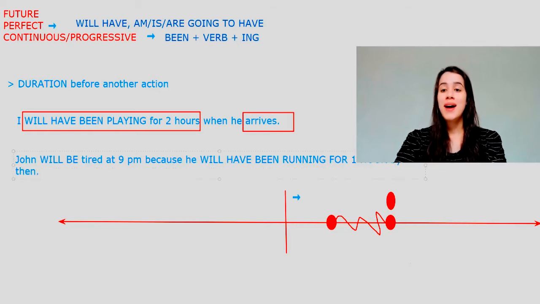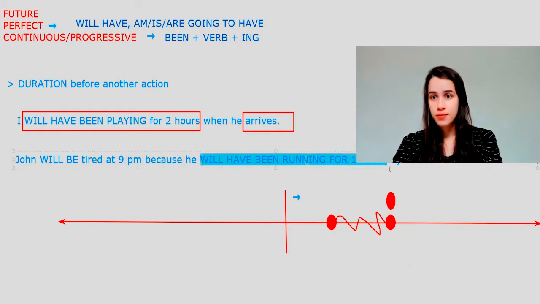So by 9 p.m., he will be tired. Why? Because he will have been running for 1 hour.